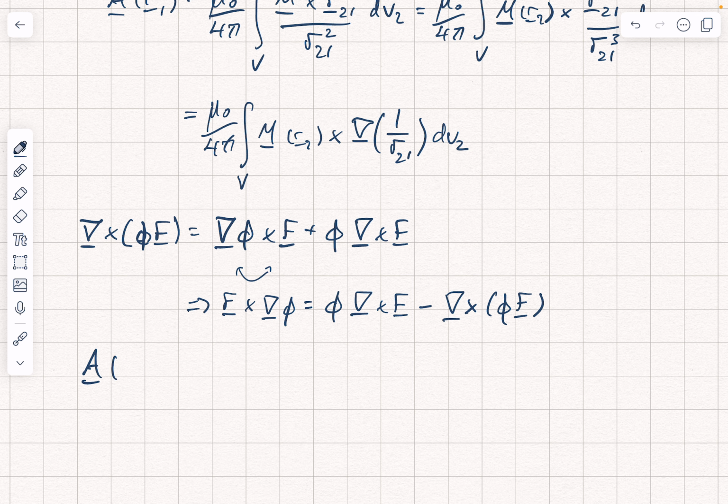We'll see that we've got the vector potential at a point r1 is equal to mu naught over 4 pi into, oh no, let's not do the square bracket there.